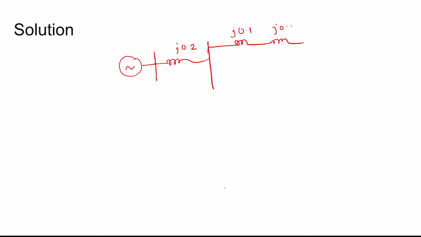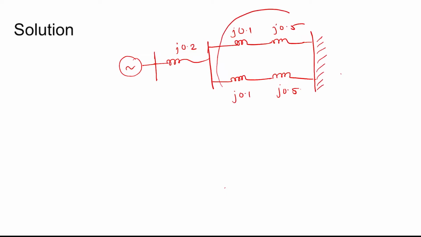Now coming to the solution. Given is j0.2 and this is the bus, and this is j0.1 and this is j0.5, and this is given as j0.1 and j0.5, and this is the infinite bus of the system.